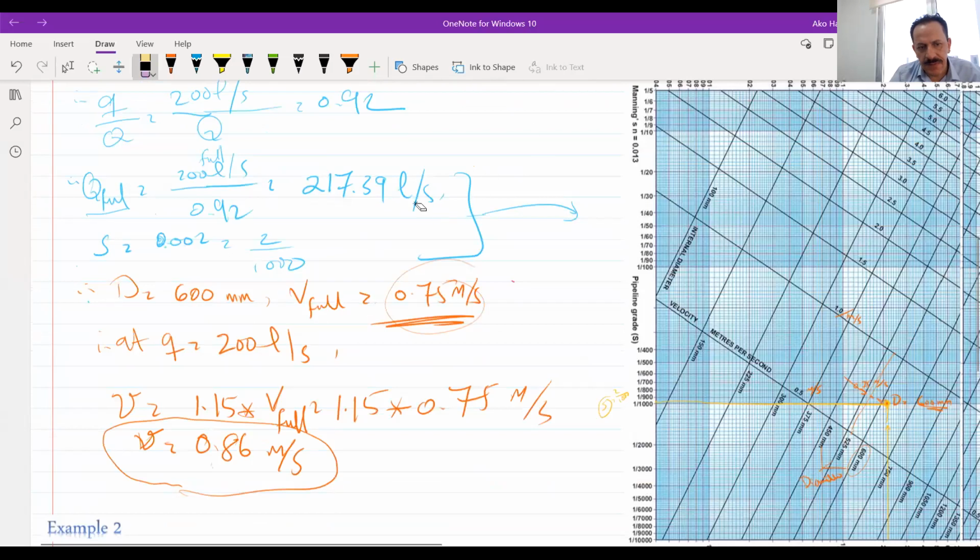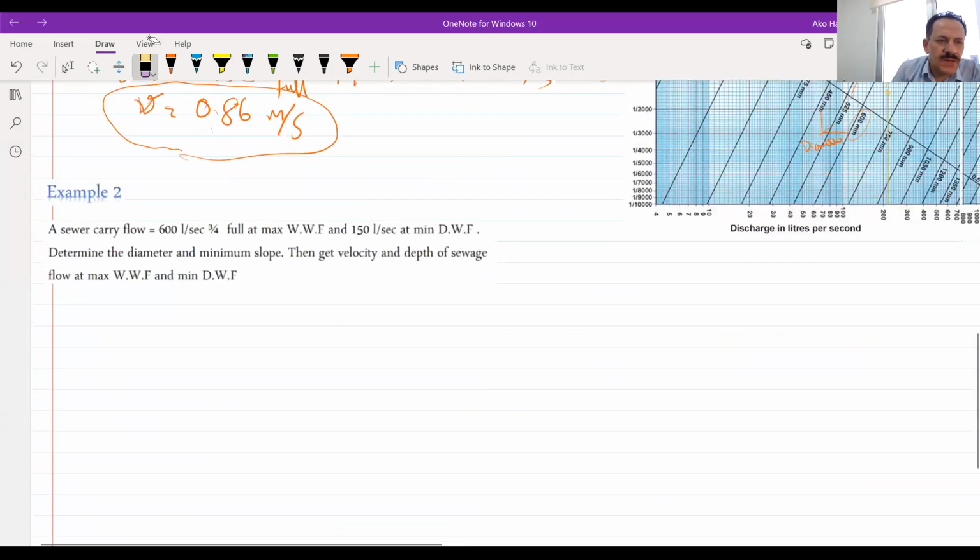Now we have another example, which is example 2. We have a partial flow equal to 600 liters per second, when the pipe is three-quarters full. It means that d over capital D is equal to 0.75.